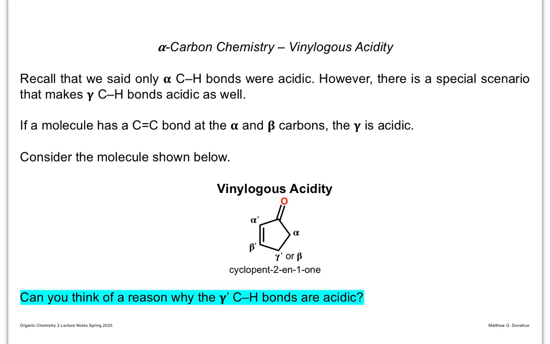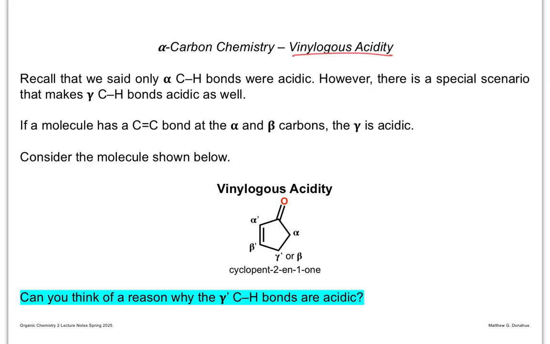And then we'll end this on this term vinylogous acidity. So remember that we said we were only focusing on the alpha carbons. However, if you have a double bond next to a carbonyl, so a carbonyl and then an alkene or unsaturation, you can have something called vinylogous.